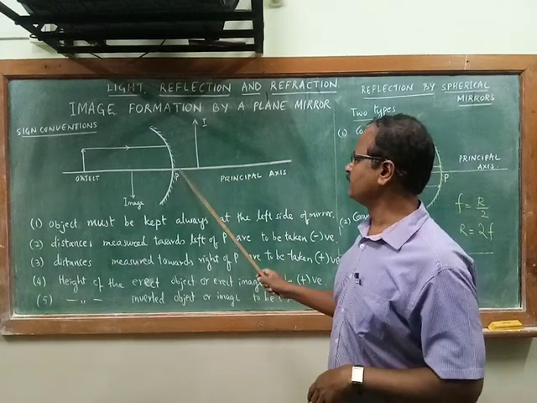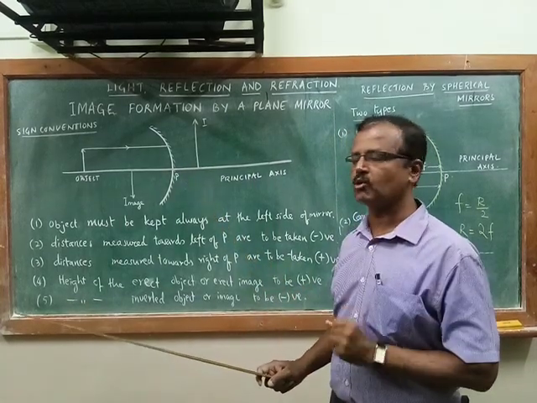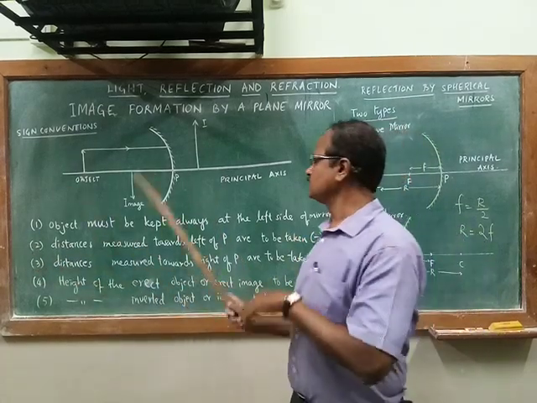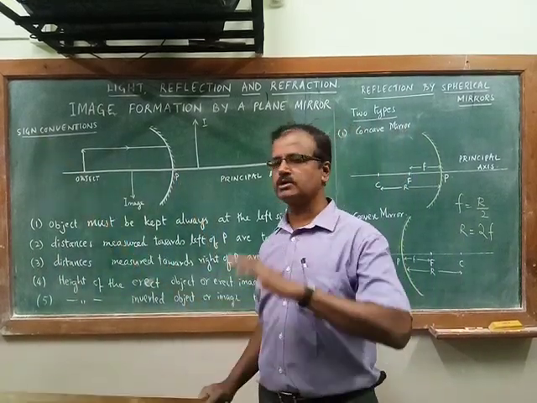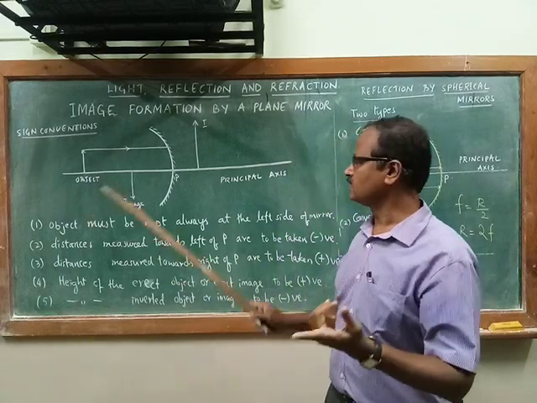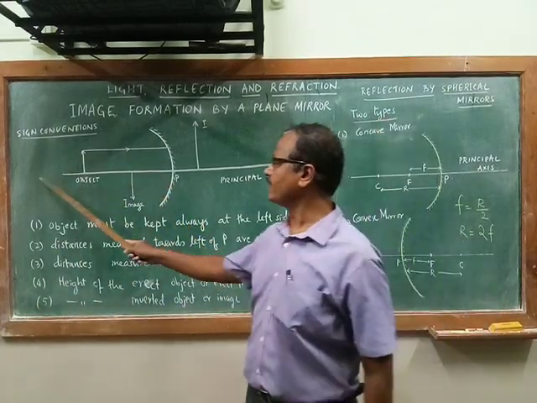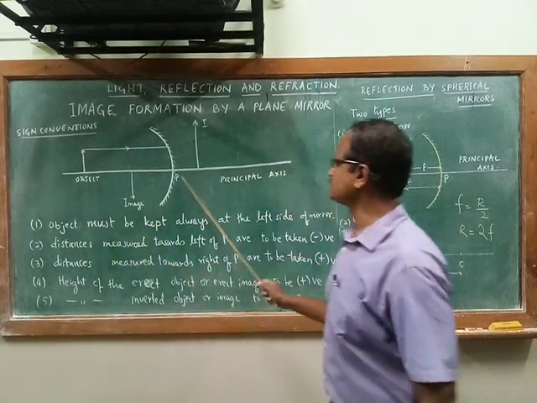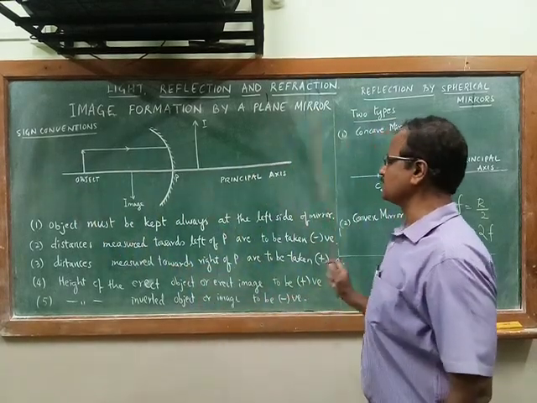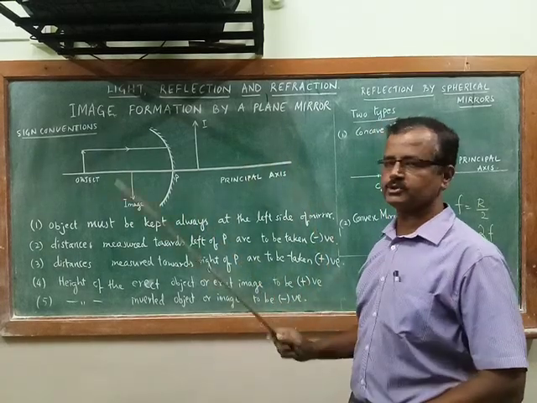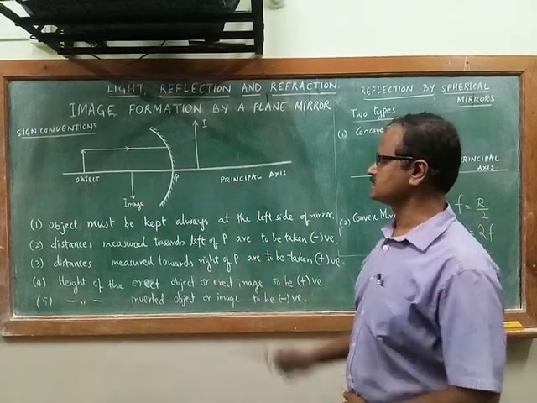From the origin, the distances which are towards the left side always take negative values, so they lie along the negative x-axis, and distances which are measured towards the right side of that origin are always taken to be positive.